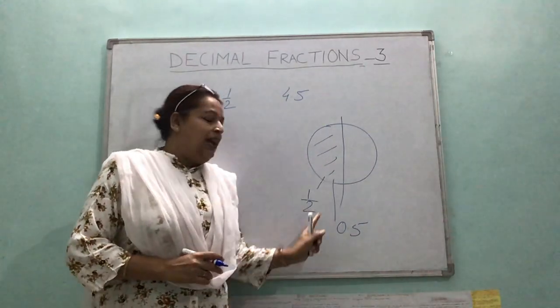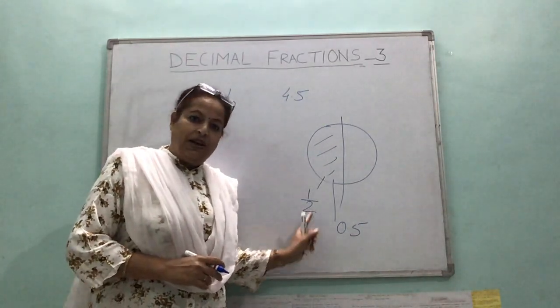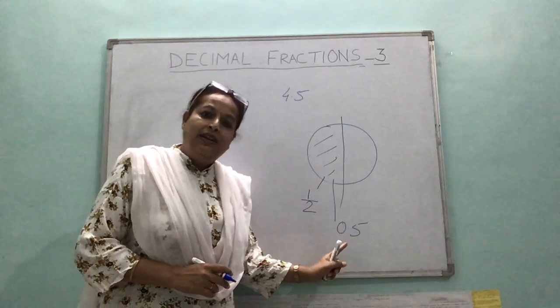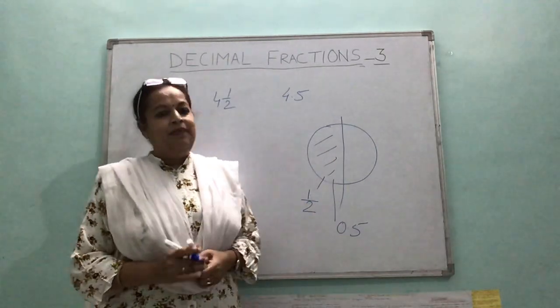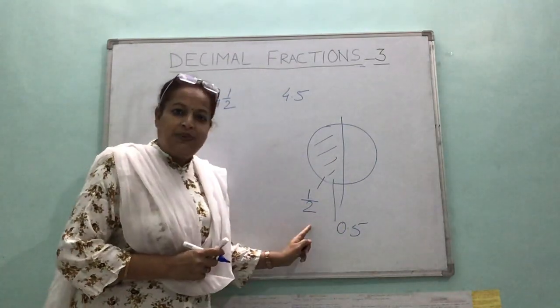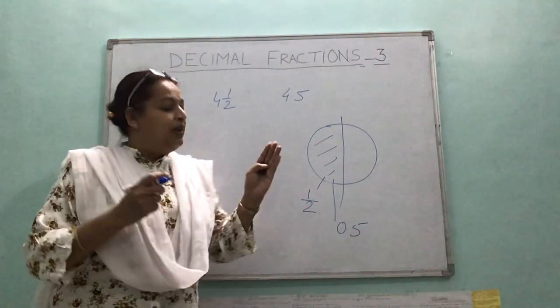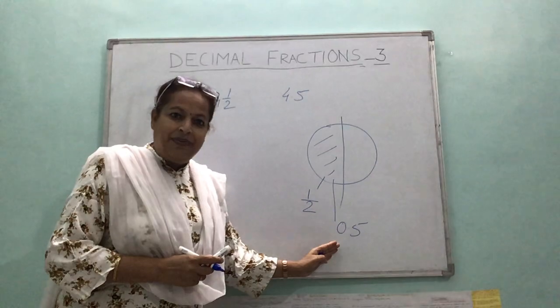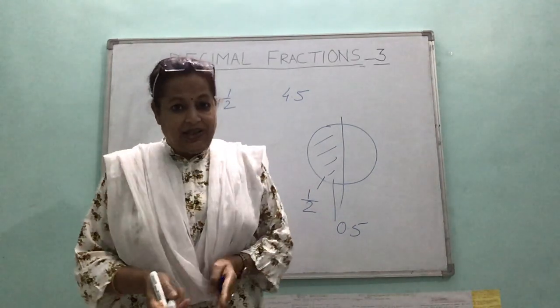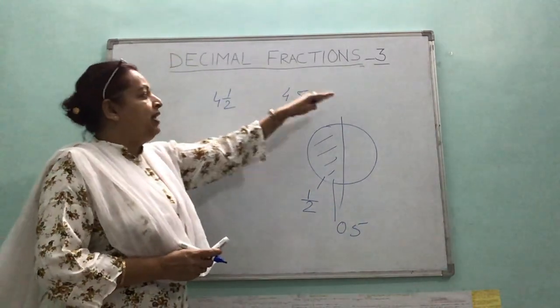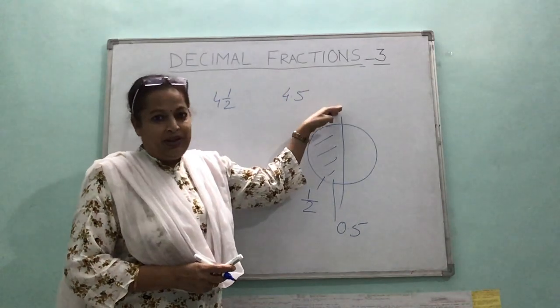So the same thing in fraction form is 1/2 and in decimal form is 0.5. That means fraction and decimal are two different ways of representing the same thing.